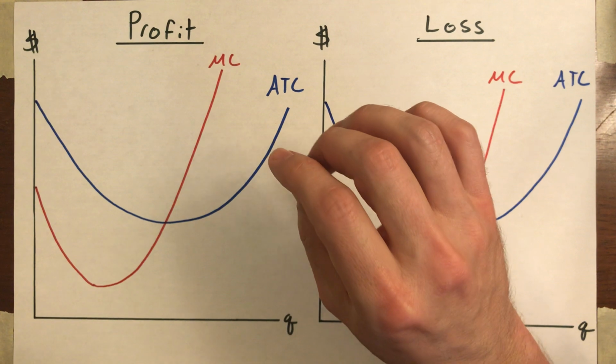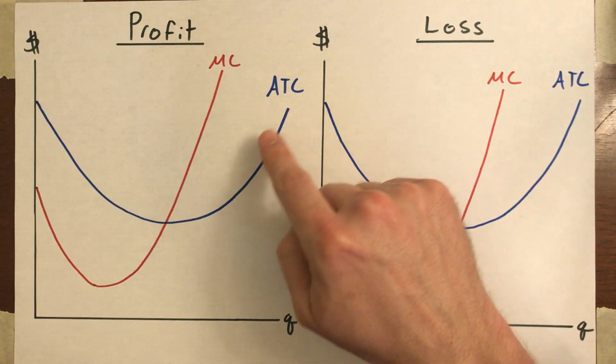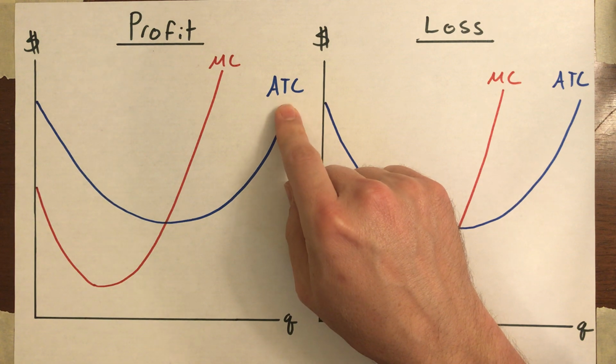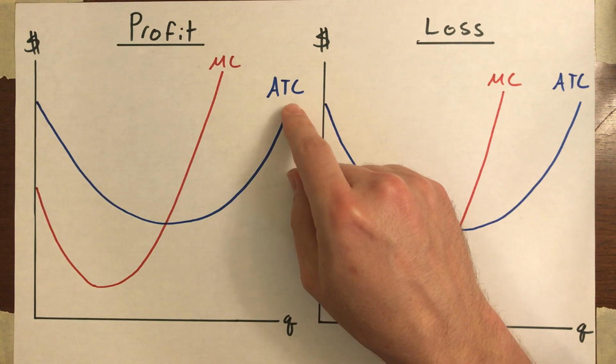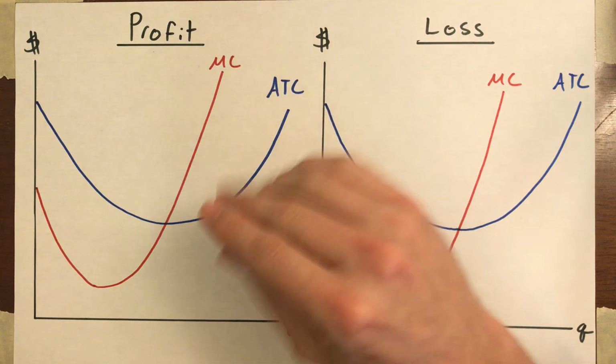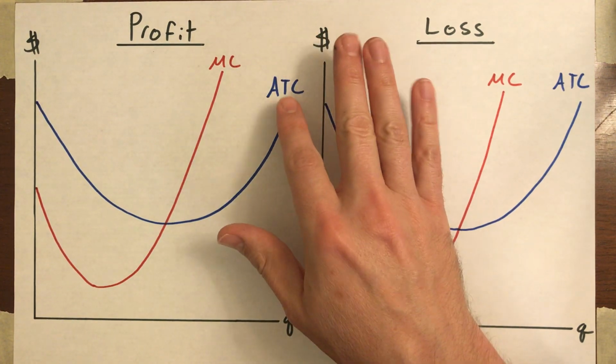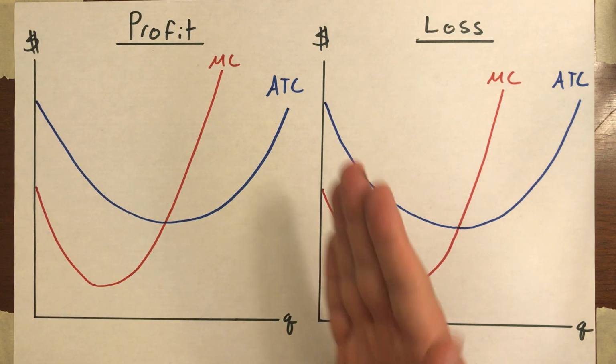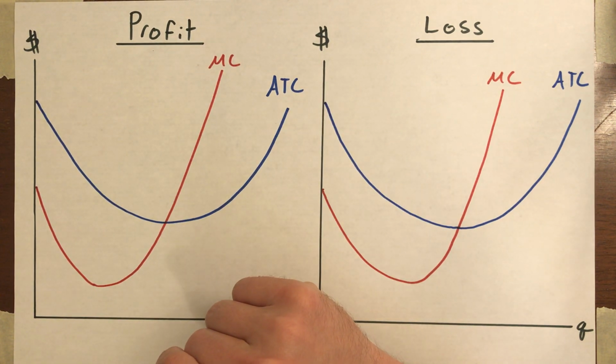Now, the MRU video and your textbook, they don't refer to average total cost, they just refer to average cost. But since that average cost is, as we'll talk about in a later video, equal to the sum of a firm's average fixed and average variable cost, I like to call it average total cost.